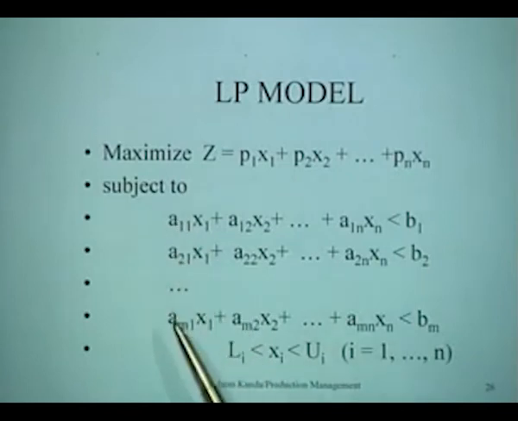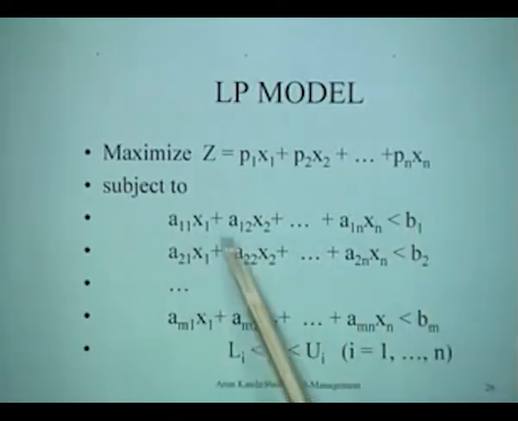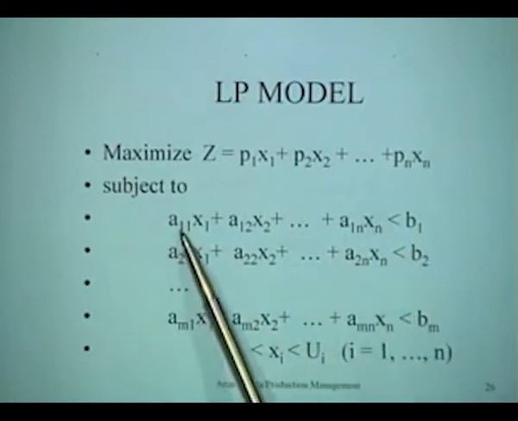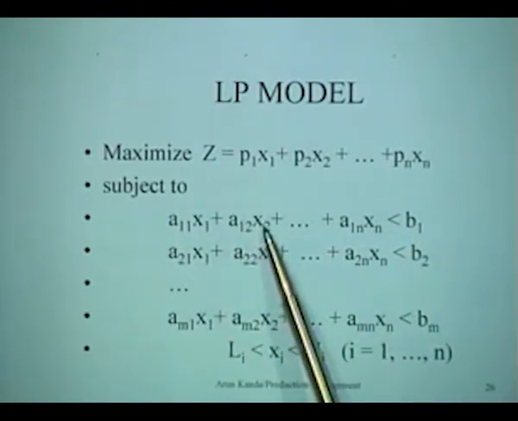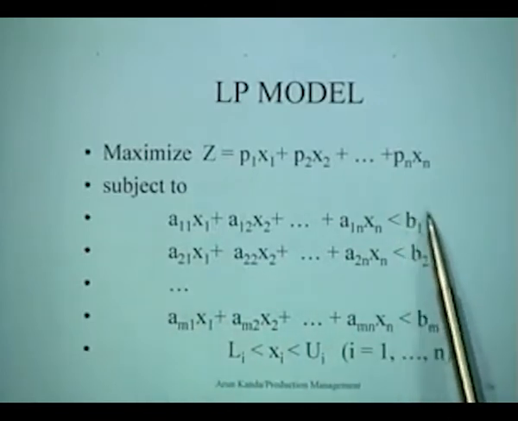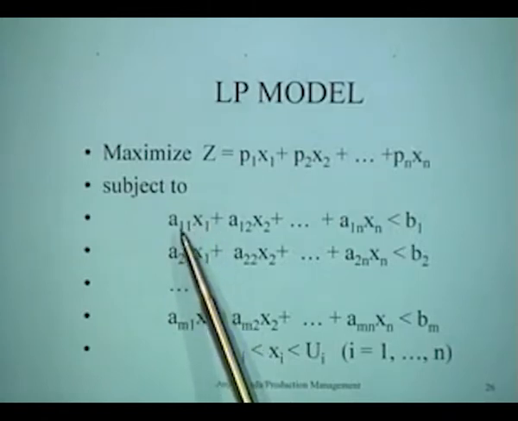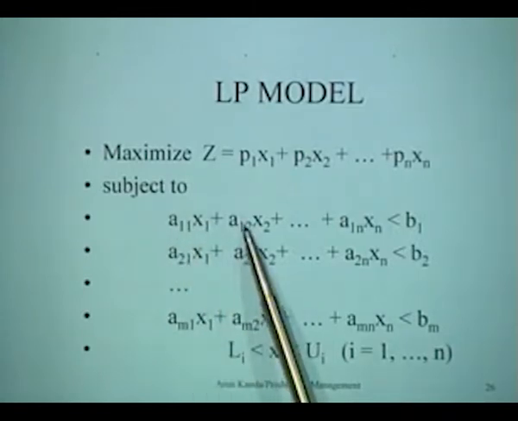subject to various constraints. And these constraints, if you see, each right hand side here is a resource availability, and this is the resource consumption. This is the resource consumption by the first product, resource consumption by the second. So, if you are talking about labor hours, say my labor hours are 10,000, 1 unit of the first product consumes 5 labor hours, this consumes 10 labor hours and so on.